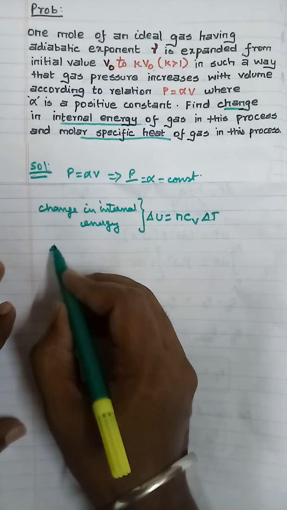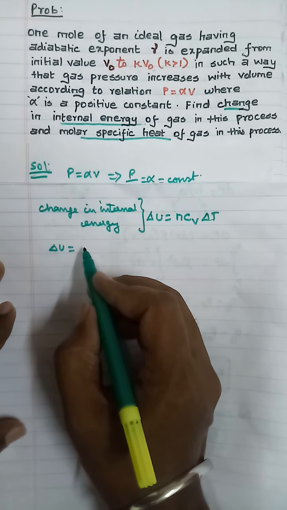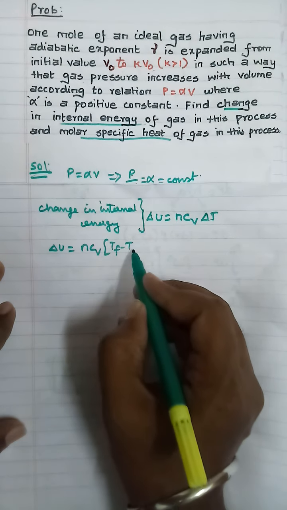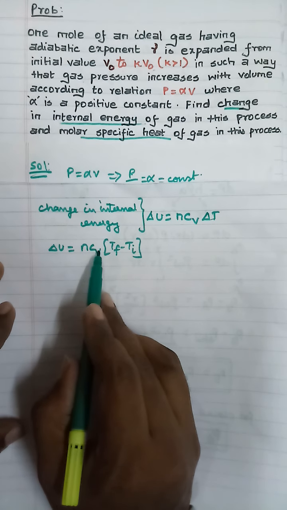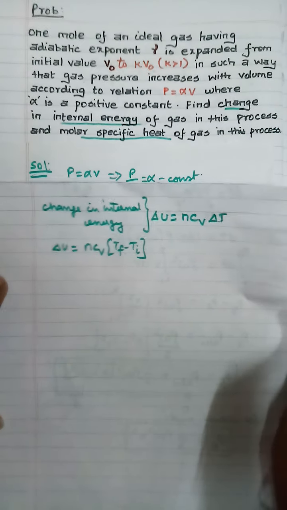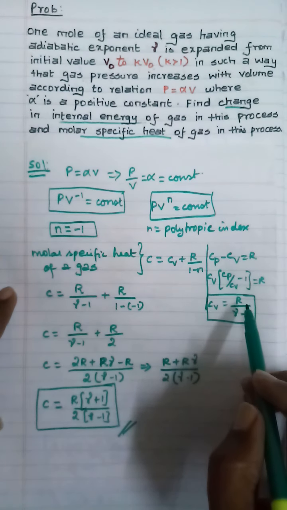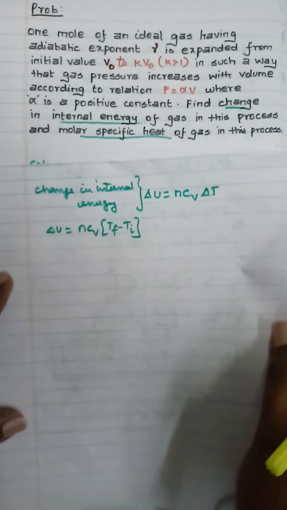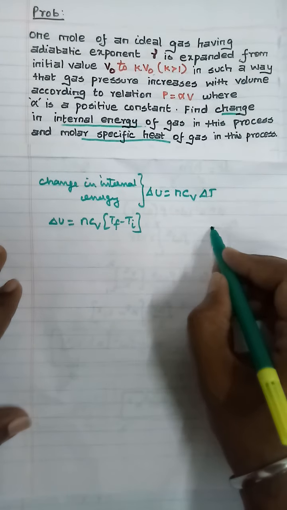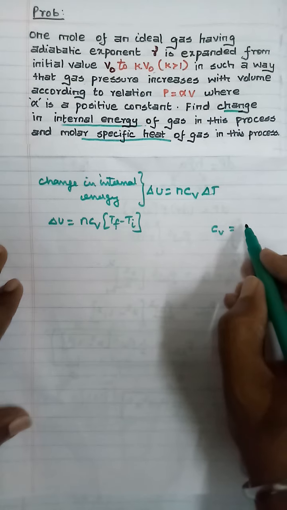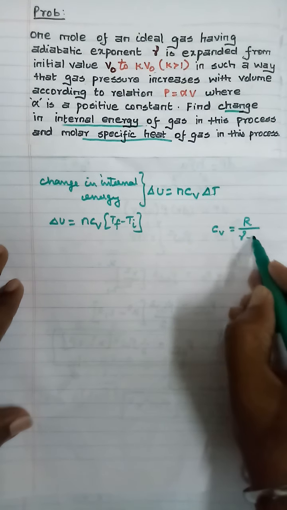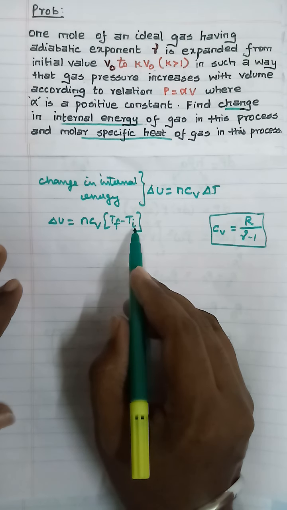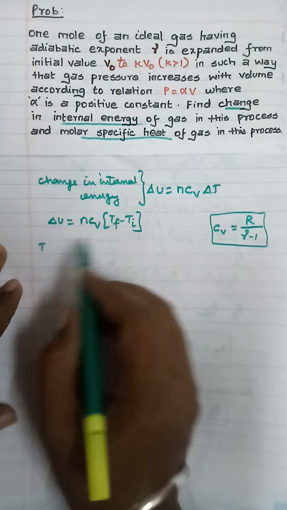This you can rewrite as delta U is equal to n Cv into (Tf minus Ti). This Cv we have already found, that Cv is equal to R by gamma minus 1. Then how to find out Tf and Ti, the final and initial temperatures?